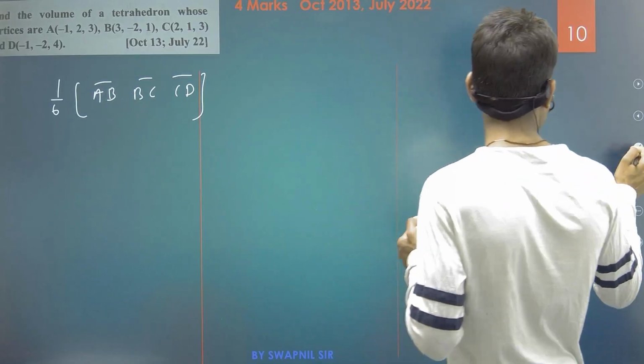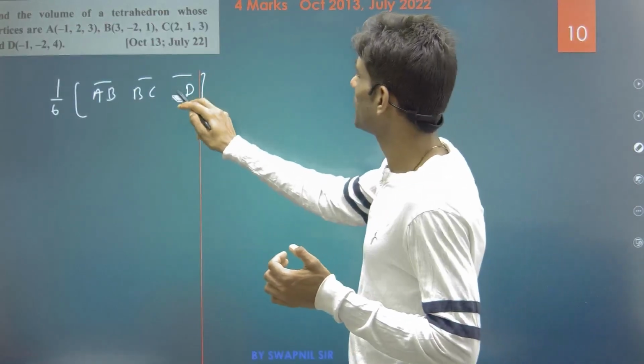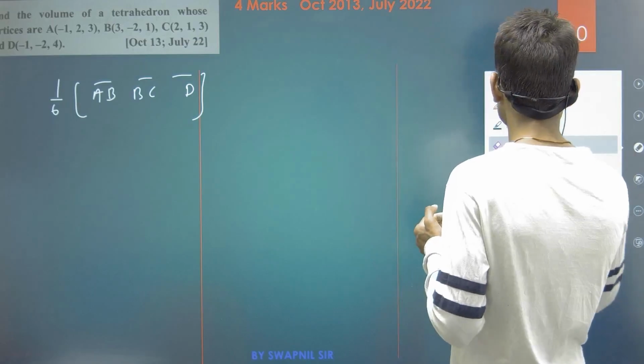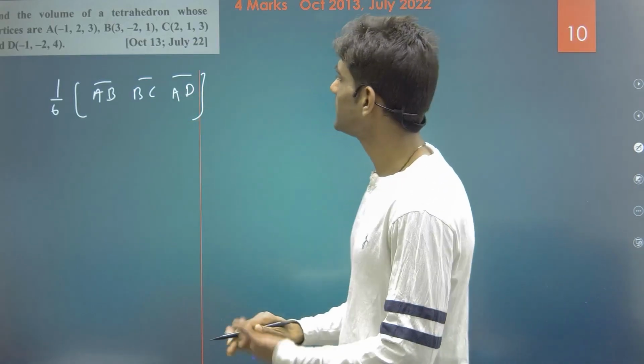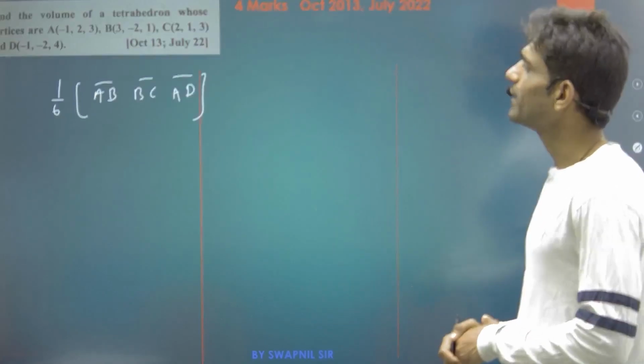It is AD bar, not CD bar, because we are taking it in the form for the volume of a tetrahedron.